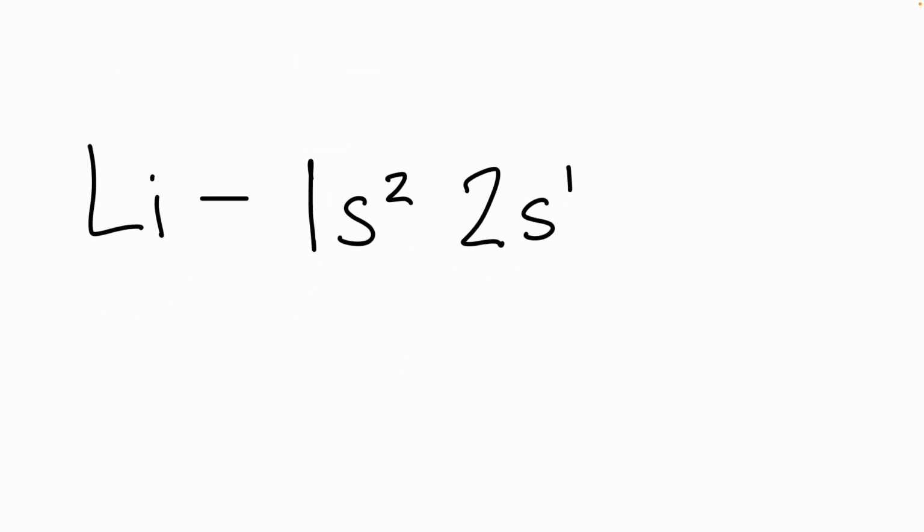Importantly, these are both spherically shaped orbitals, but they differ in the principal quantum number. One is the 1s orbital, the other is the 2s orbital. So what do I mean by principal quantum number? Let's take a look at this 1s and this 2s orbital.